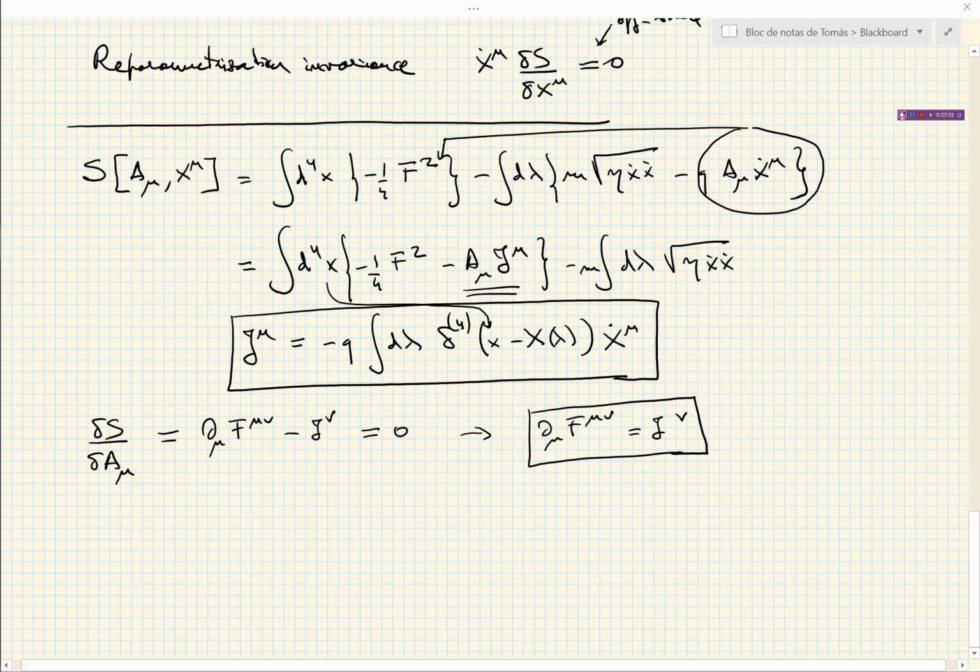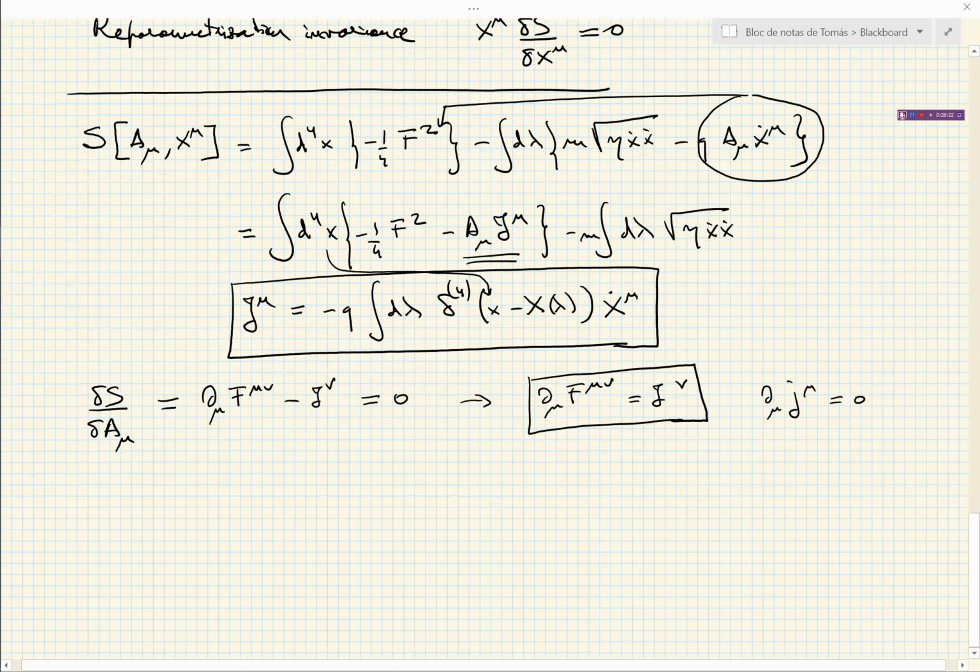The consistency of this equation requires that this current is conserved, which is a bit more subtle to check, but you can essentially check this holds except at the initial and final points of the worldline, where the particle appears in space-time and disappears. At these two points this is satisfied as you expect, and J^0 has the interpretation of charge density. If you integrate it in space, it gives you the charge and so on. So everything fits beautifully, I would say.